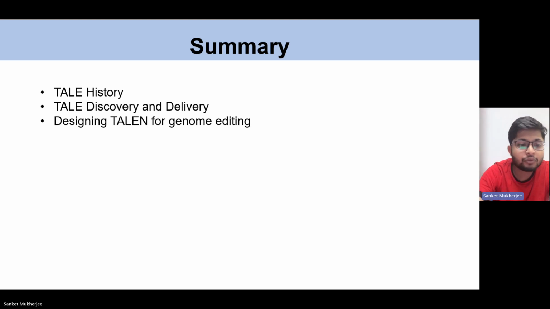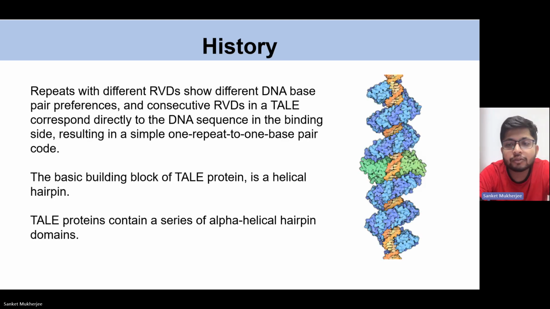So going forward, a brief history of TALENs. As you can see, the proteins in blue represent TALEs, sorry, TAL, specifically transcription activator-like effector molecules. These are repeats which have different RVDs.